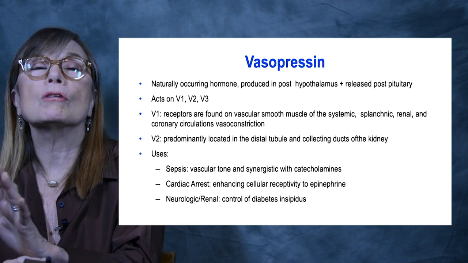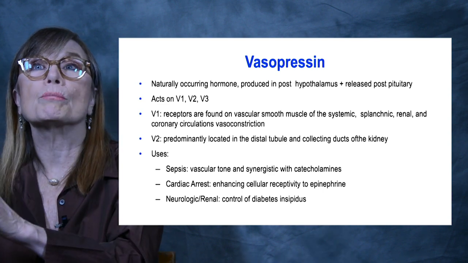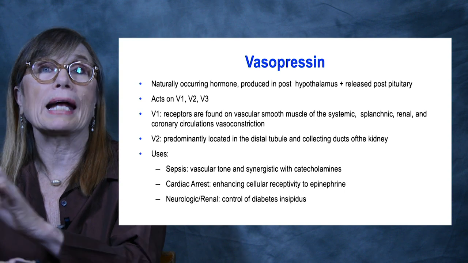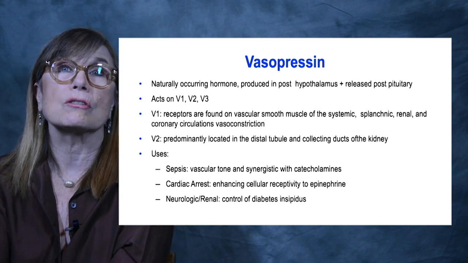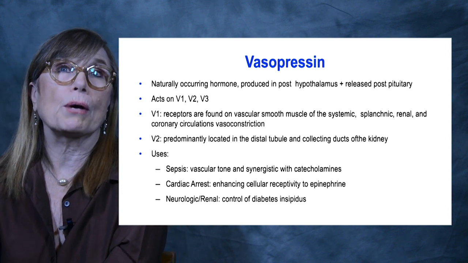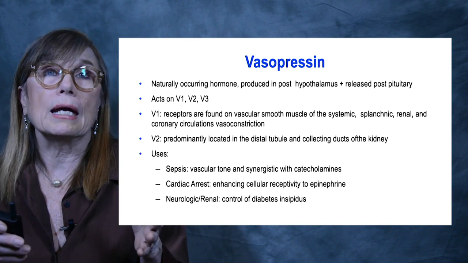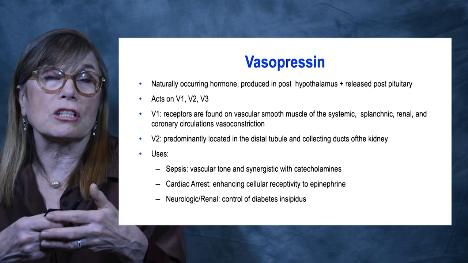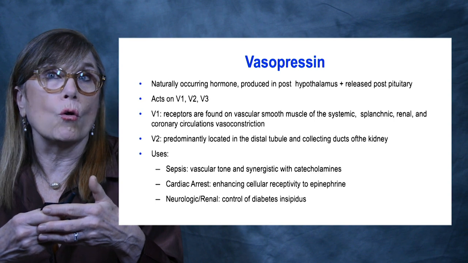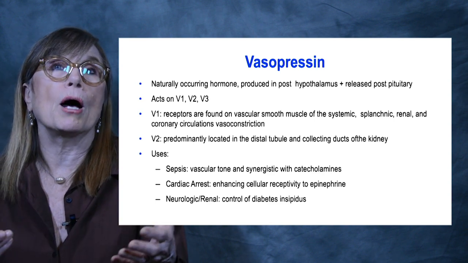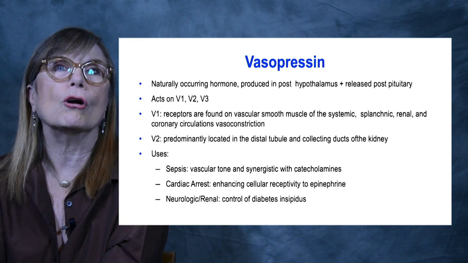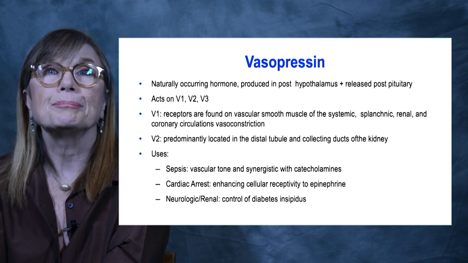The V1 receptor resides on the vascular smooth muscle in the systemic, splanchnic, renal, and coronary circulations. When we administer vasopressin, our goal is to work synergistically with epinephrine and or norepinephrine in order to promote a better vascular tone response.